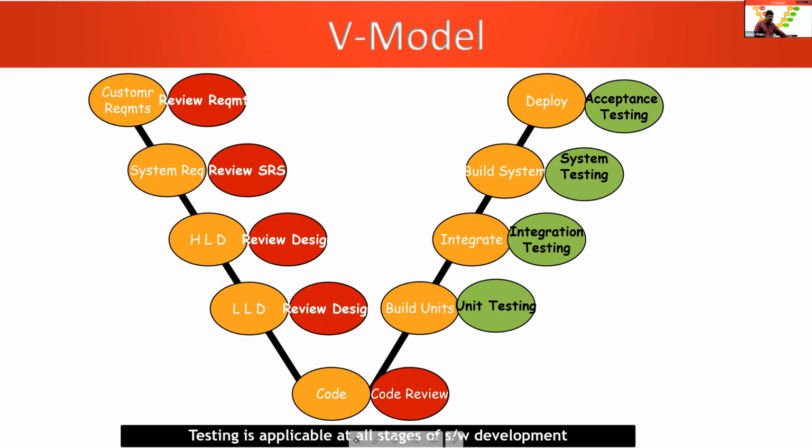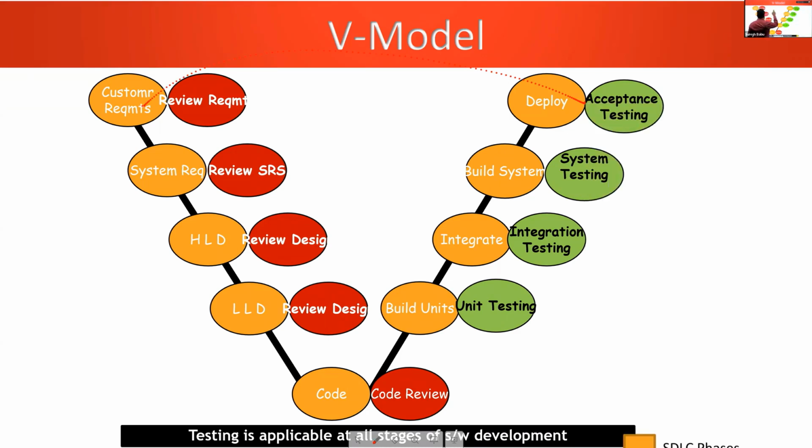You would call it arrow model. There's a reason for this direction. The reason is acceptance testing is carried out based on the customer requirement.